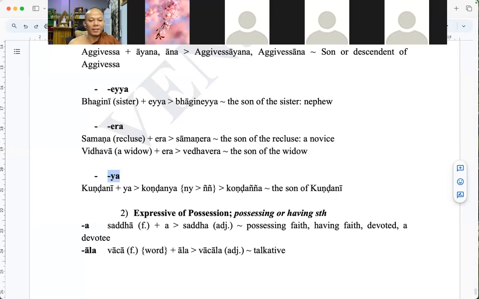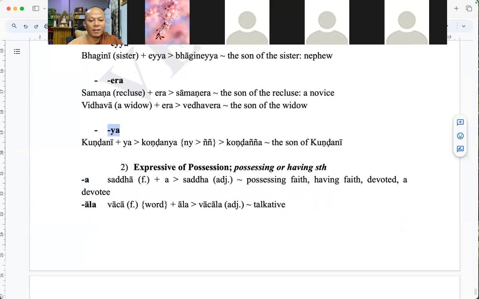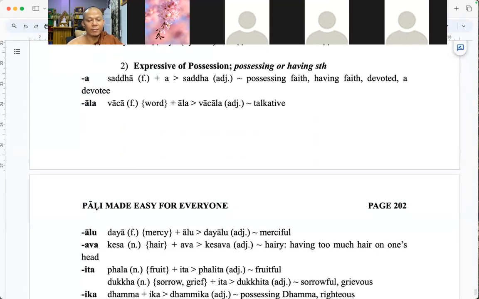Okay. The second part, Bante, is for the possession. With the possession we also see there are many suffixes here. I don't know whether there is a rule about which suffix goes with which ending vowel of the noun to form the adjective, or whether there is no rule and we have to check the dictionary to know which noun goes with which suffix to reflect the possessive meaning.